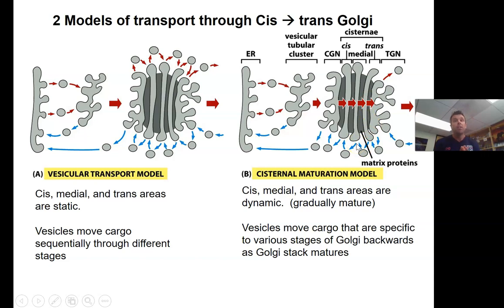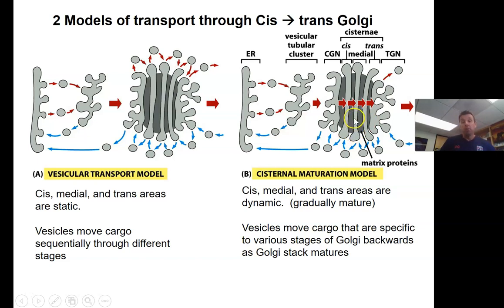So think about it. The class might have one teacher for every 40 students. And so if you're just moving the teacher backwards and the 40 students are staying the same, that's much more energetically favorable. You need a lot less vesicles. Right? Whereas here, you need vesicles not only to move the students forward, but sometimes even move the students back. So this one is more energetically favorable.